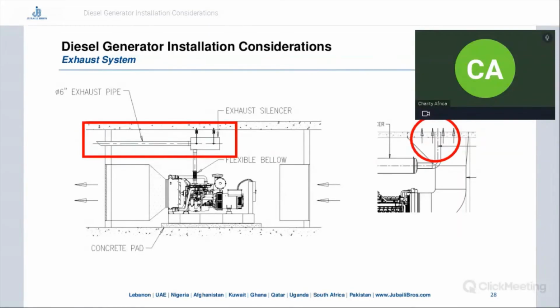The next part, we will be discussing the exhaust system. Here in the figure, you can see we have the generator room layout with the exhaust system. We have the flexible bellow, the exhaust pipe from flexible bellow to the silencer. And then from silencer, we have an exhaust pipe to take the hot air outside.